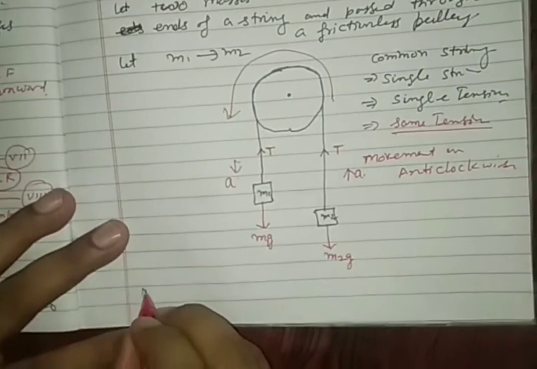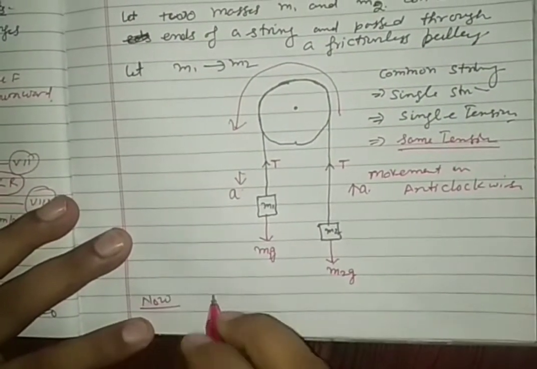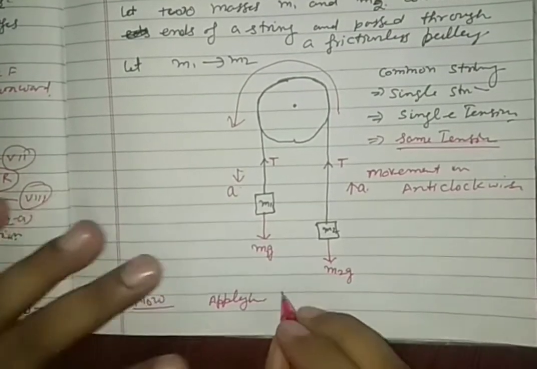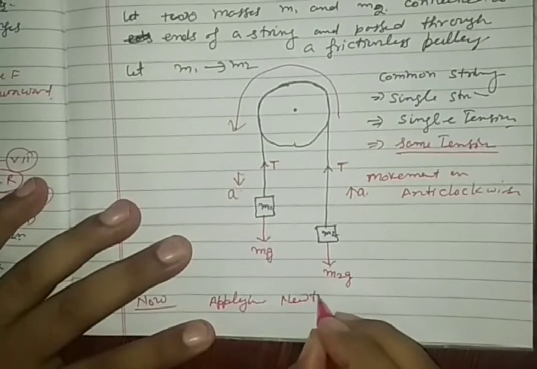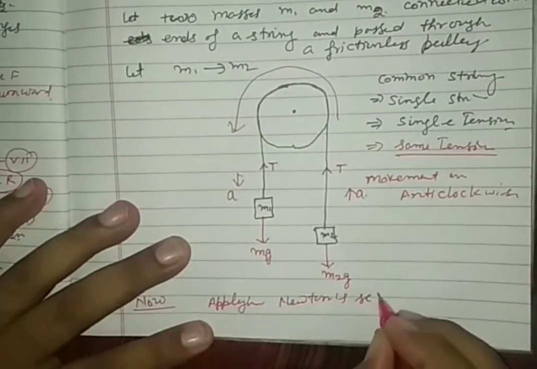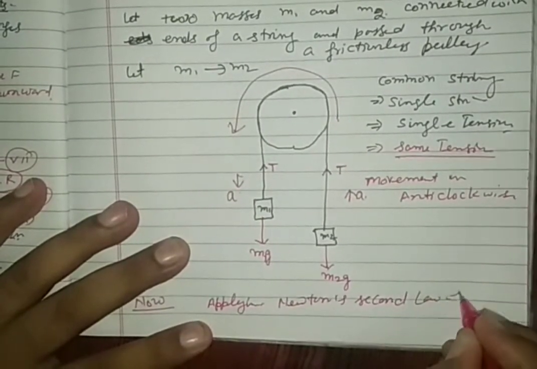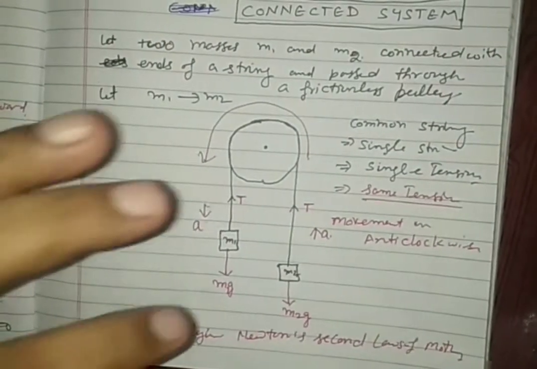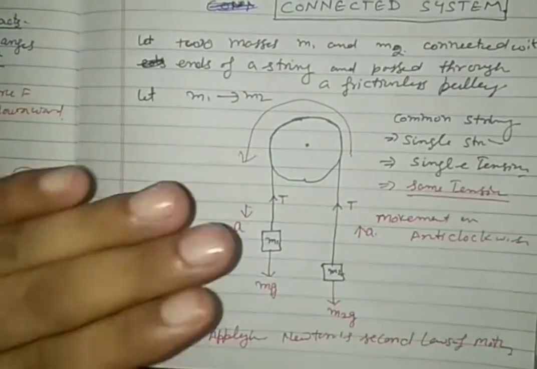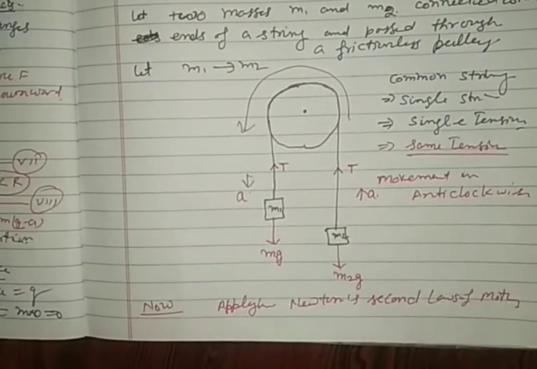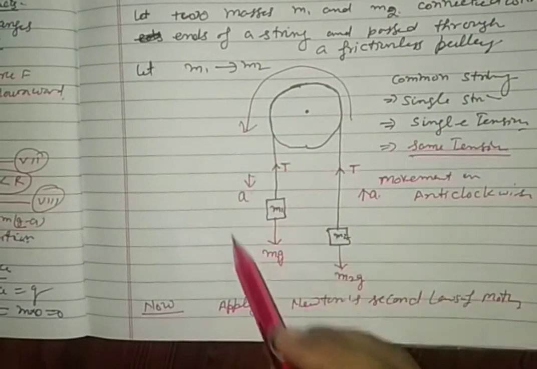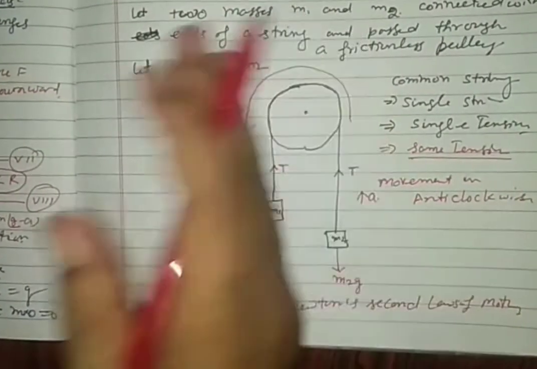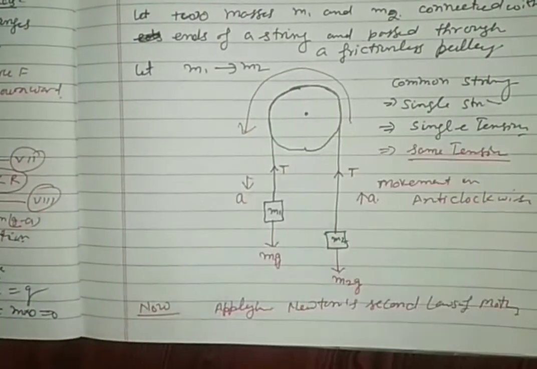Now, applying Newton's second law of motion in this case. See carefully, first of all, in the case of downward motion, on the left hand side, we consider this side as LHS and this side as right hand side.